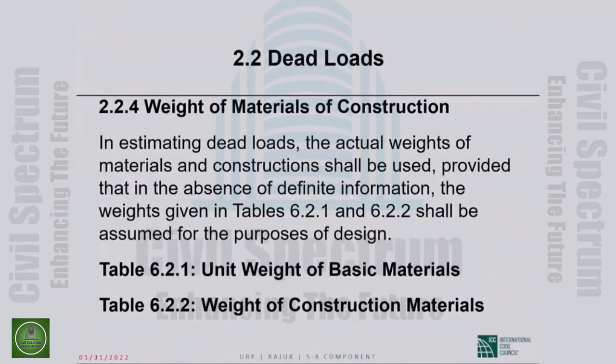In estimating dead loads, the actual weights of materials and construction shall be used, provided that in the absence of definite information, the weights given in tables 621 and 622 shall be assumed for the purposes of design. So you are, I think, very lucky that you have those tables in the code: unit weight of basic materials, weight of construction materials.